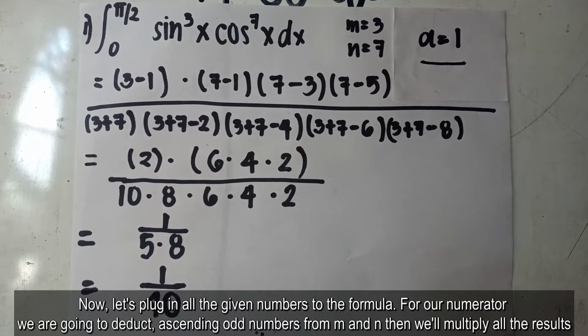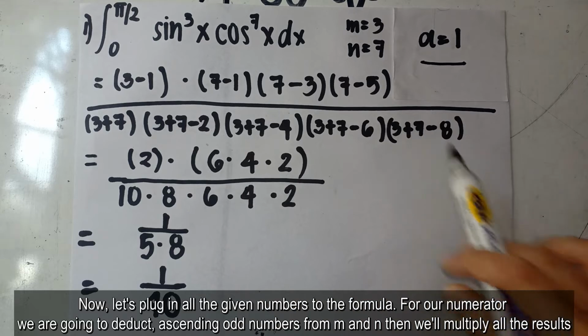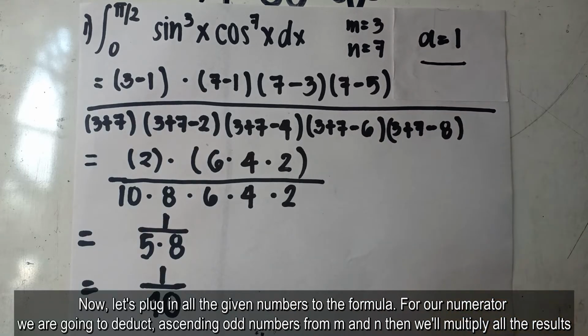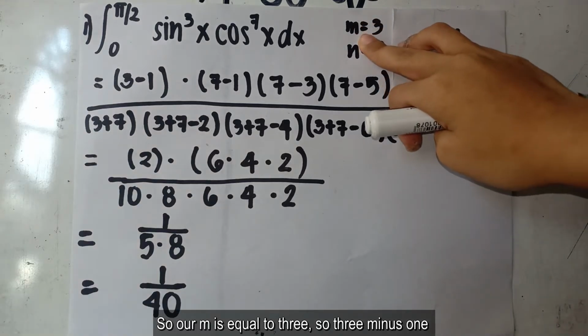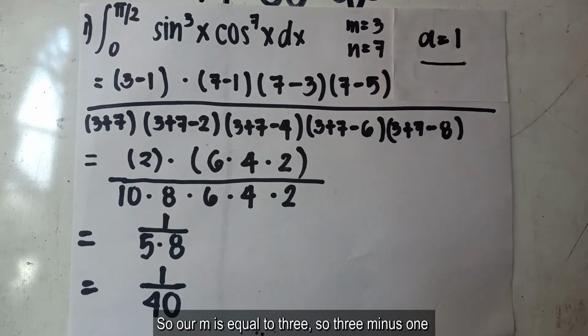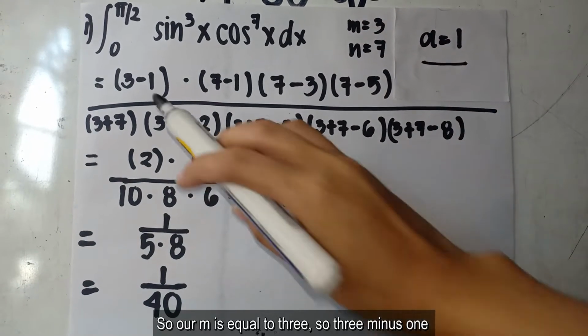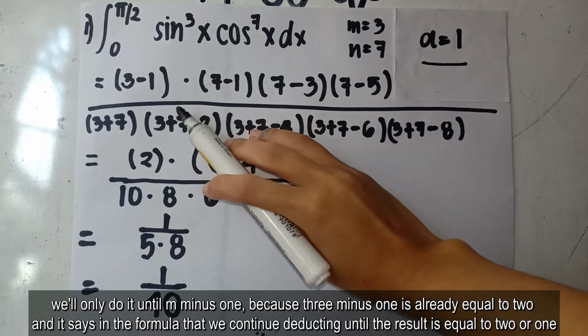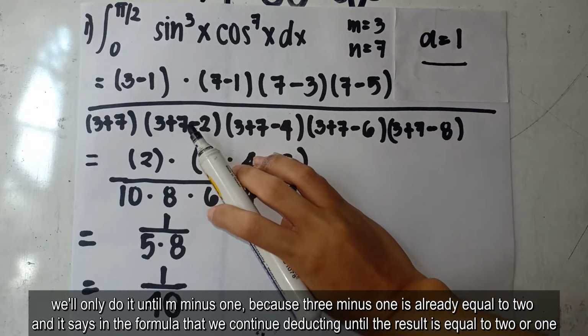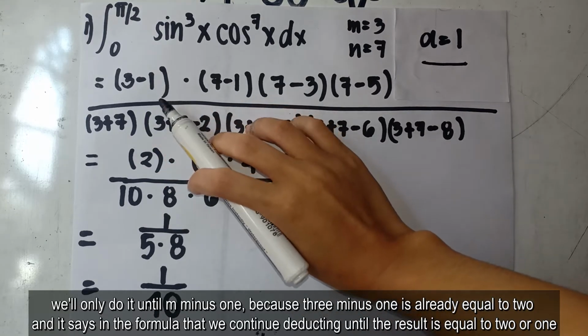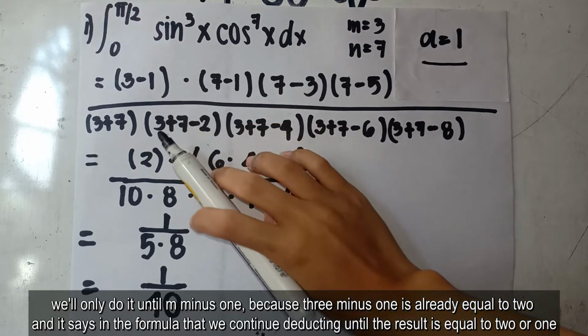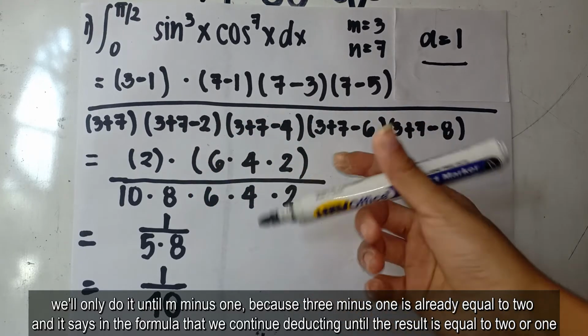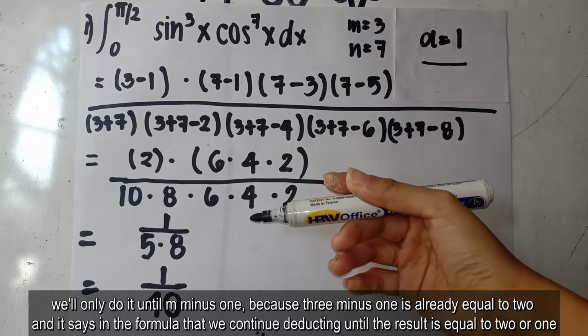Now, let's plug all the given numbers into the formula. For our numerator, we are going to deduct ascending odd numbers from m and n, then multiply all the results. Our m is equal to 3, so 3 minus 1. We only do it until m minus 1 because 3 minus 1 is already equal to 2, and the formula says we continue deducting until the result is equal to 2 or 1.